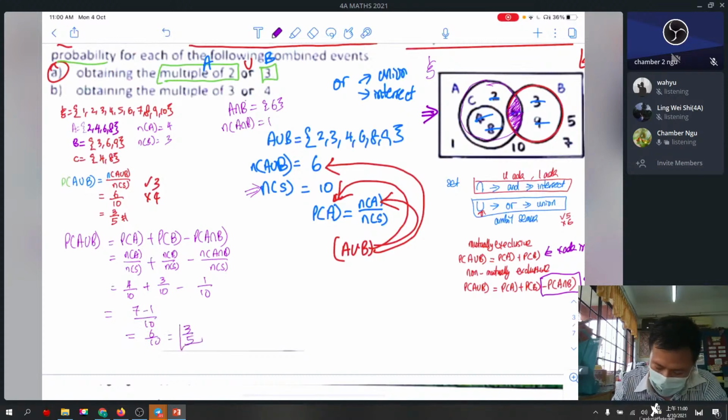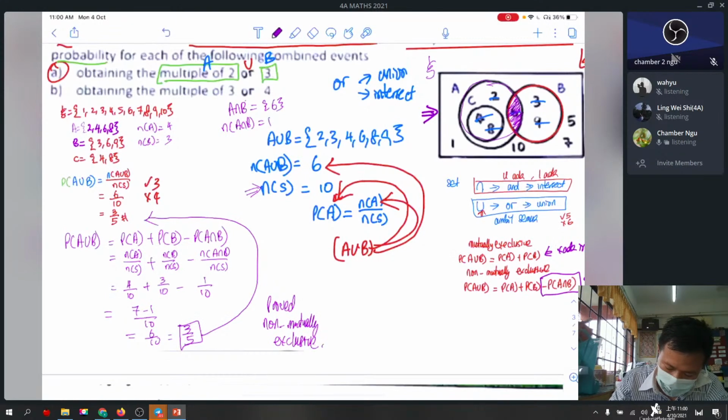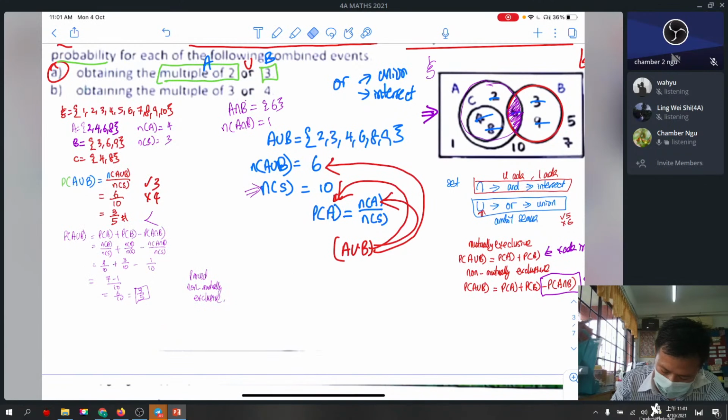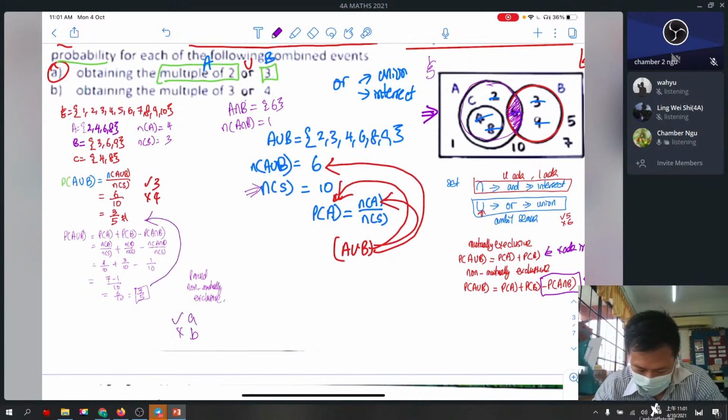So this answer is same as this one. So we prove that this is non-mutually exclusive. So everyone clear? If clear, reply me A. If not, reply me B.